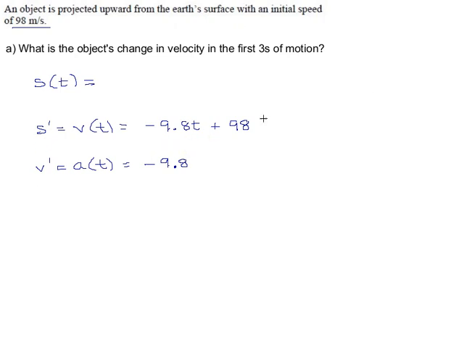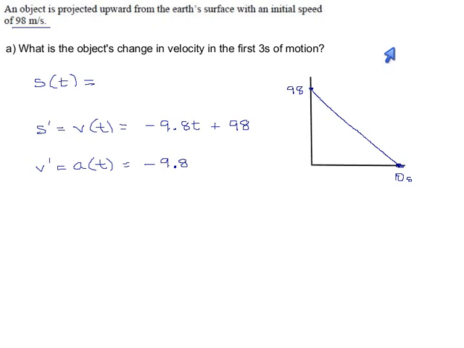If we were to graph it, it would form a nice straight line. It would start at 98, and then it would decrease 9.8 per second until over here, precisely at 10 seconds, because they cooked their numbers, we'll reach a velocity of 0, meaning this object will go up fast, up slower, up very slow, and it will actually stop and hang in the air for an instant right at 10 seconds because it's run out of upward velocity.